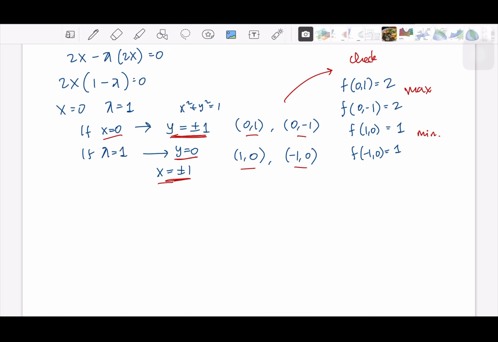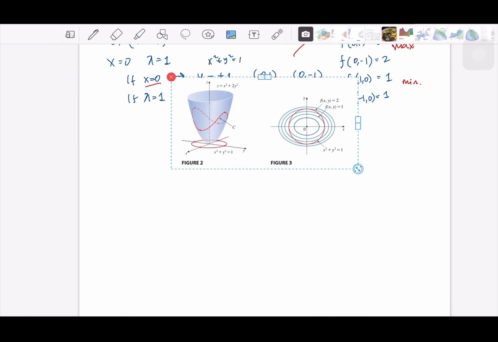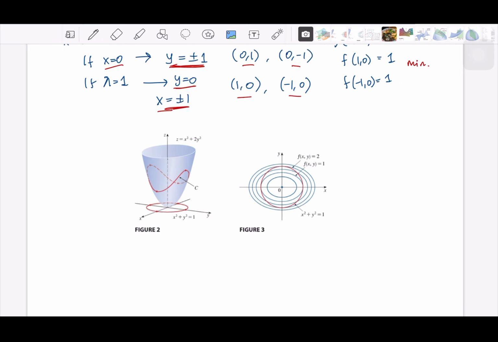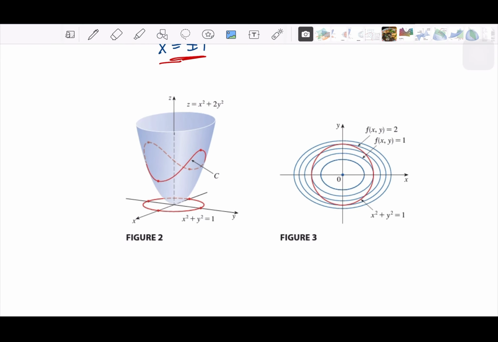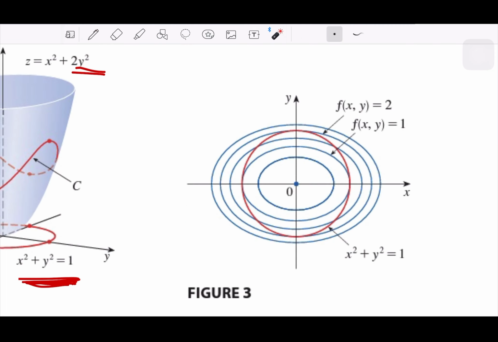Now if we look at how it's actually described, if we check the surface itself, this is our constraint, and this is our function. So what we are doing is actually maximizing the blue one here until it touches the red one.